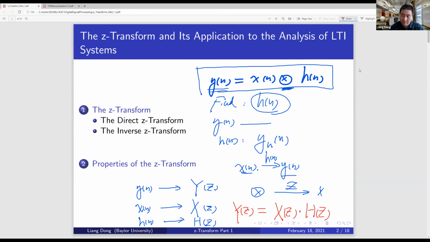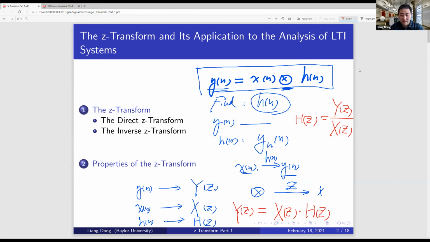That is beautiful, because if I want to identify the system, H(z) is simply a division, because it's a product, so now it becomes simply a division, Y over X.